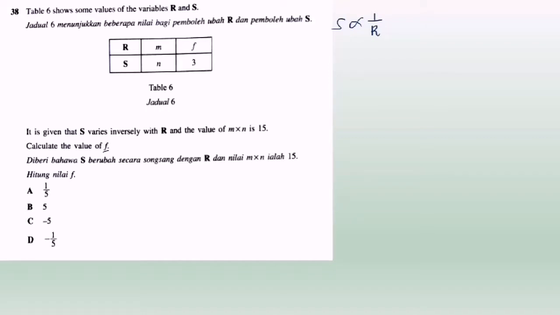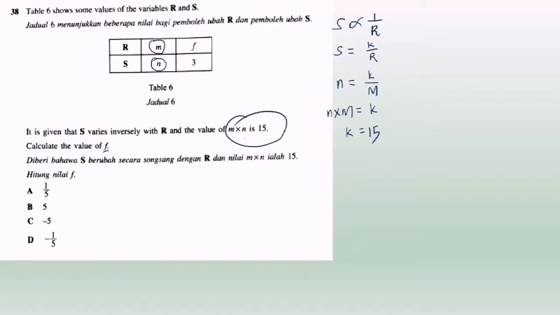Okay, when we write the equation, s equals k over r. Substitute value of r equals m and value of s equals n. So n equals k over m. k equals n times m. From the question, m times n equals 15. So k equals 15.